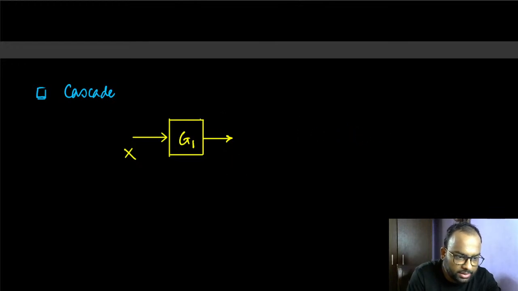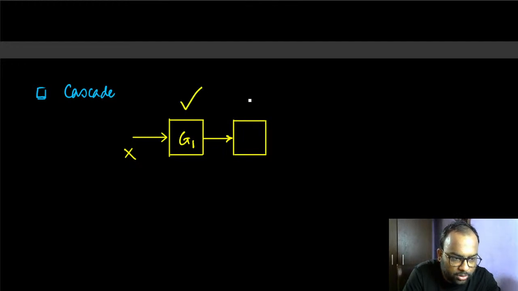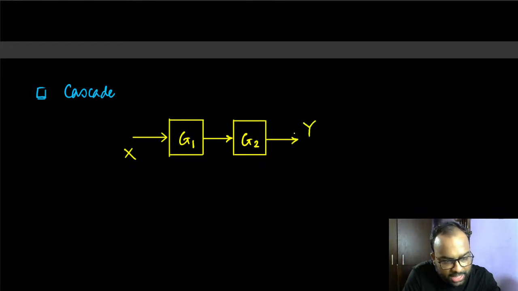But let's say we have another block which is taking the output of the first block as the input to the next one. So whatever output goes out of the first becomes the input of the second one. Now, the question is, if this is the output, which we are calling Y, what is Y?